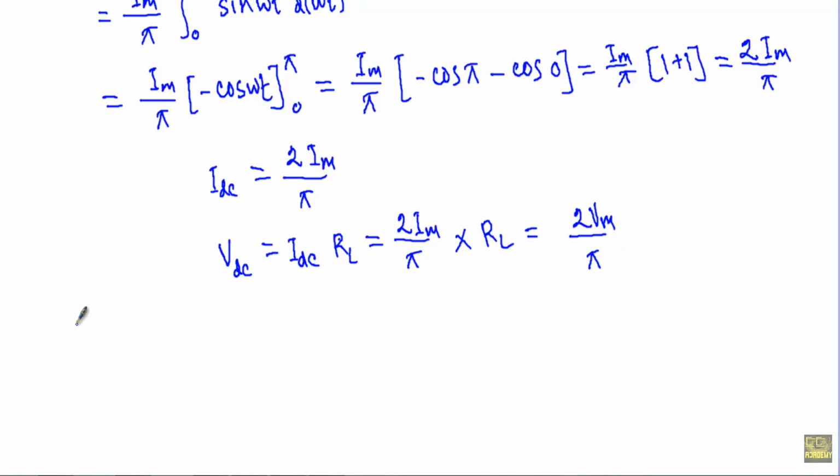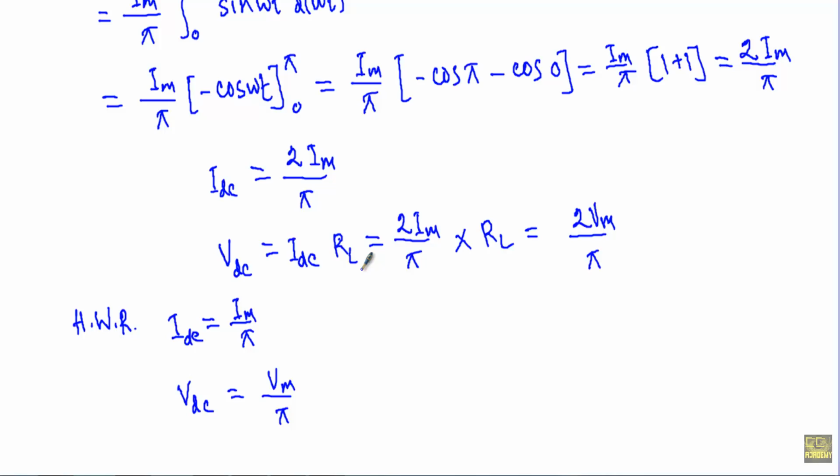So I will get 2Vm divided by π. In the case of a half wave rectifier, I have shown you that our IDC will be equal to Im divided by π, and our VDC will be equal to Vm by π.